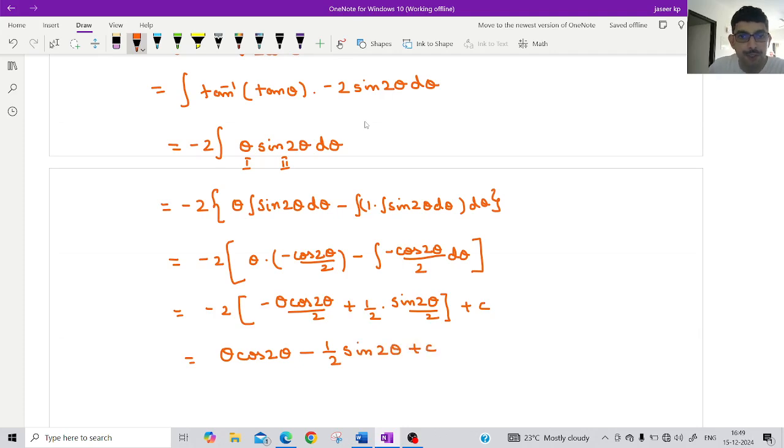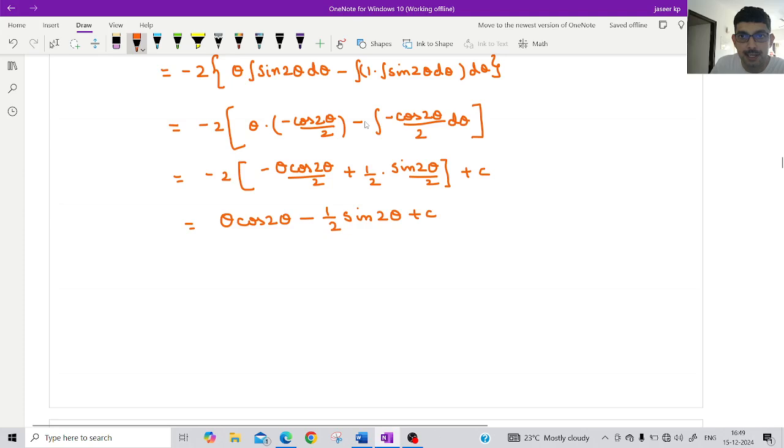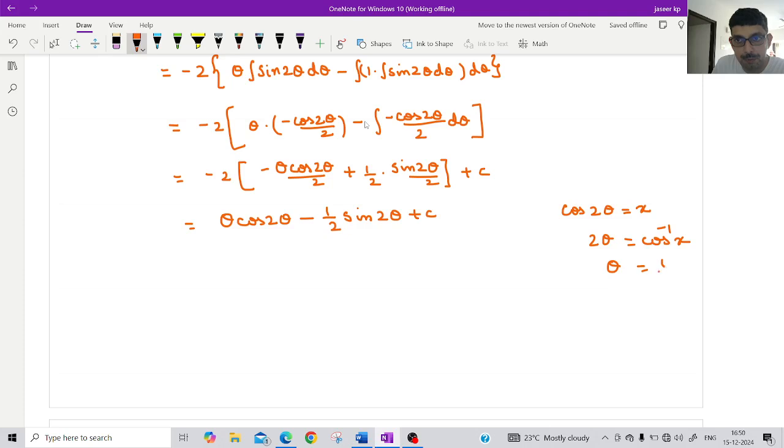Now if we go back to the substitution, we have put cos 2 theta as x. x is equal to cos 2 theta, so that means 2 theta equals cos inverse of x, or theta equals 1 by 2 cos inverse of x.